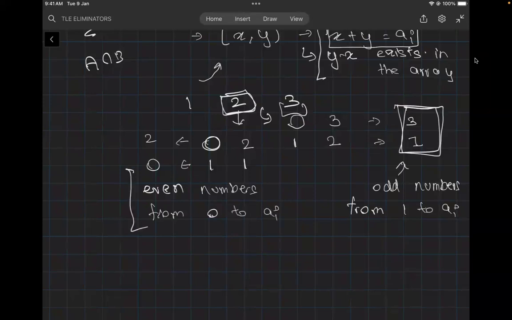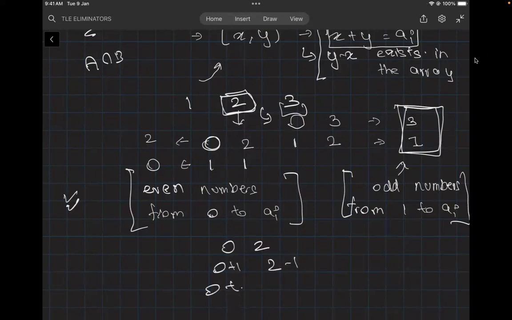Do you guys agree upon this? Because 0 plus 2, 2 minus 0; 1 plus 1, 1 minus 1. If you go on like this, these are always going to be even numbers and it keeps reducing by 2. This is 2, this is 0, this won't exist.